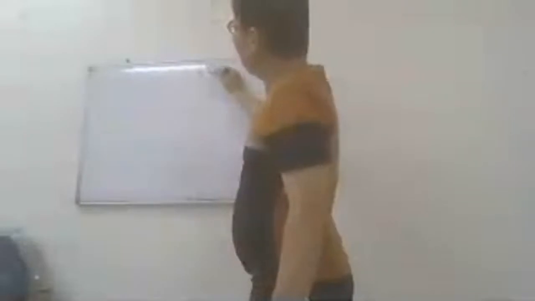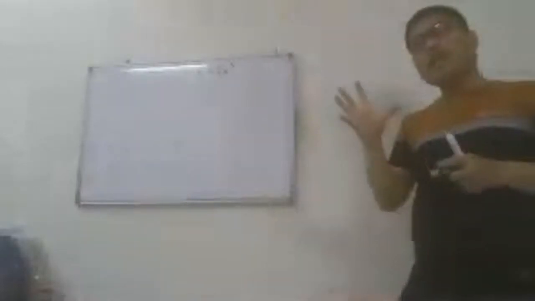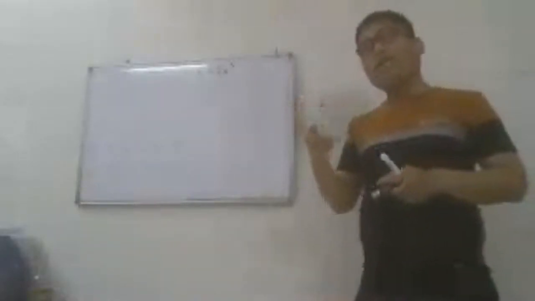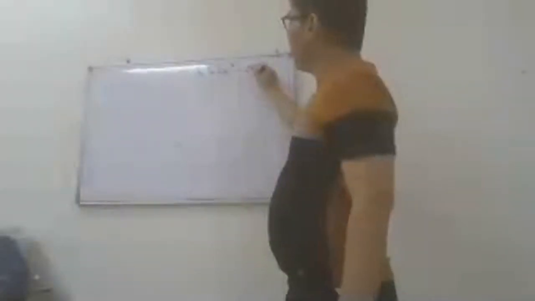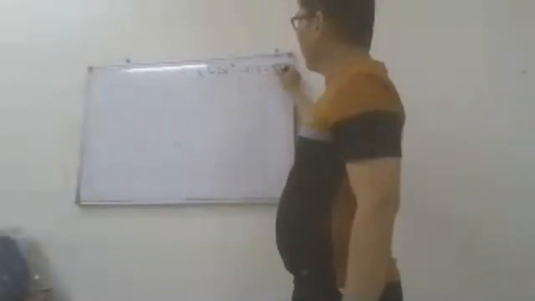So we need to group this out. Factoring by grouping. If there are 4 terms and you check that it's factorable, then factoring by grouping will do.